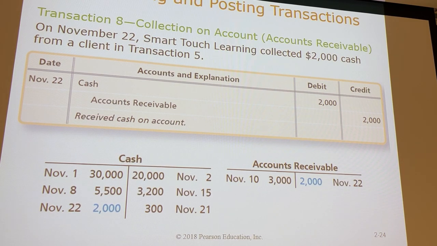Cash is going up, so that would be a debit to cash, $2,000. Accounts receivable is going down, so that's a credit to accounts receivable, $2,000. And then we find the T accounts for cash and accounts receivable in the ledger, and we record the debit and the credit to those T accounts as well.